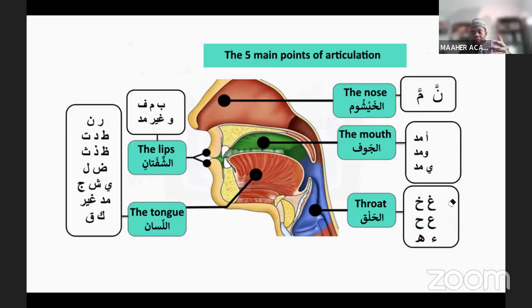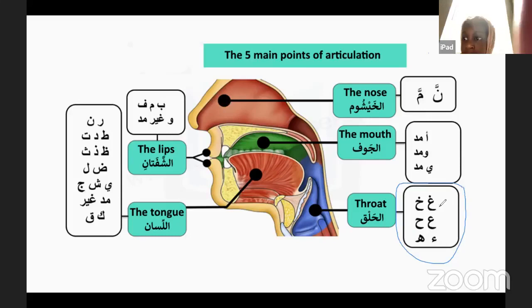Although they come out from the same throat, from the middle of the throat, they are pronounced differently. So that's why I said the letters of the throat are the most difficult letters to pronounce in the Quran, the most difficult Arabic letters, because of the location of their articulation.